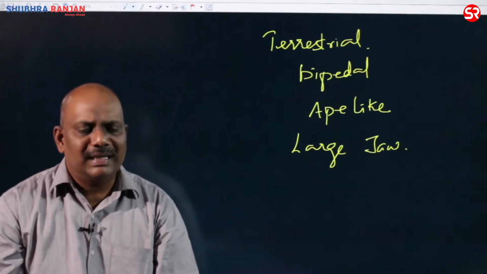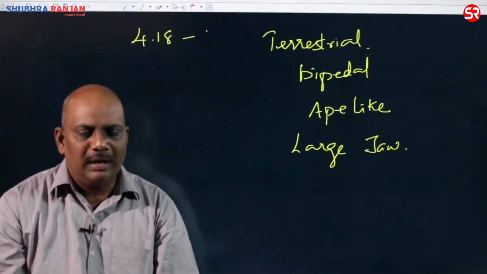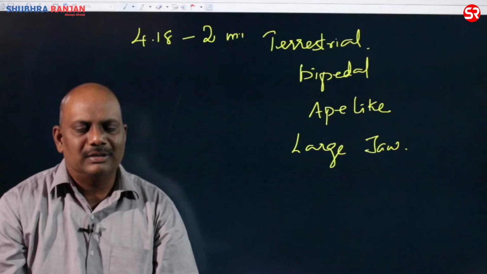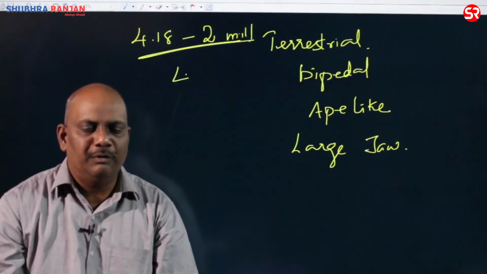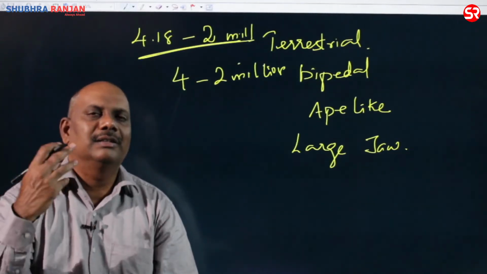This Australopithecus, right, roughly lived between 4.18 to 2 million years ago. We can roughly say it lived between 4 to 2 million years ago.